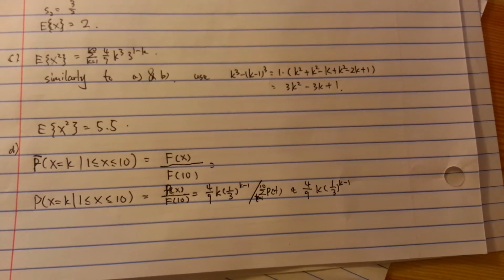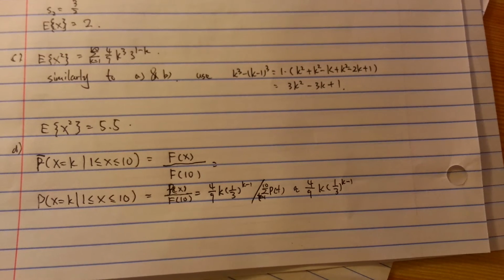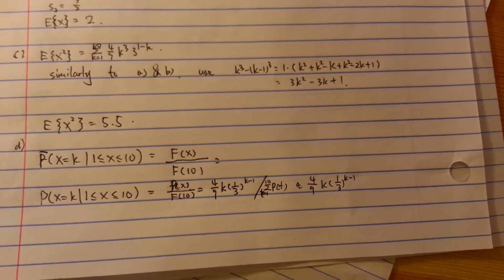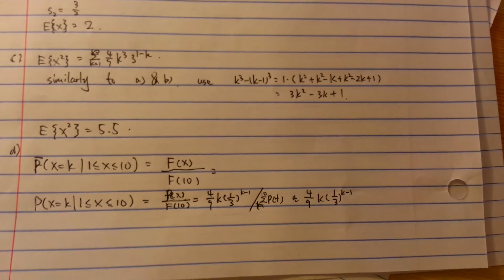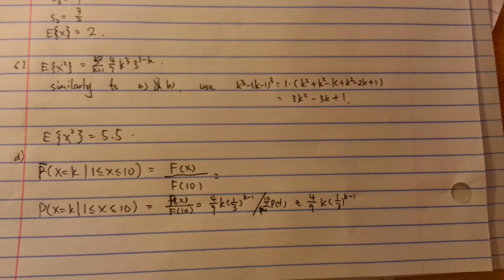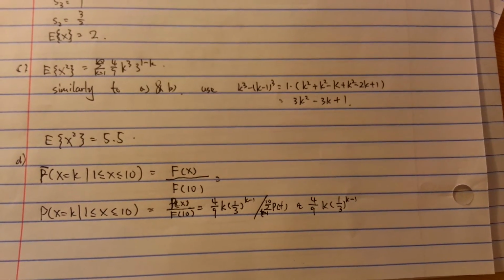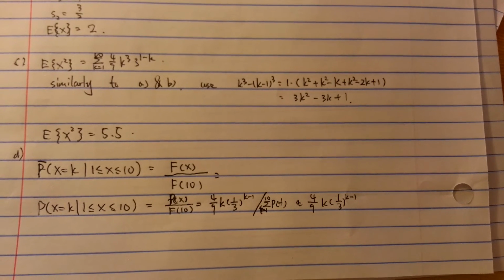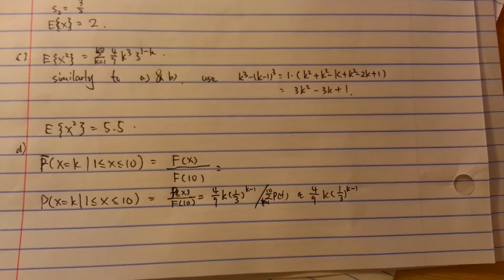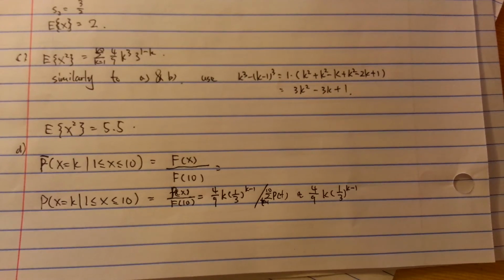What we get is the probability of X equals k under the condition of X between 1 and 10 is just equal to the probability of X equals k over F(10).